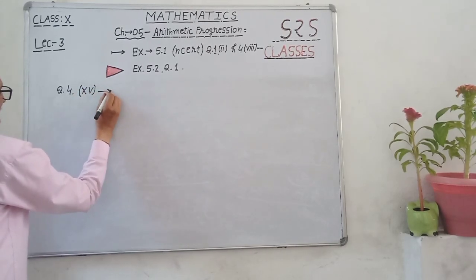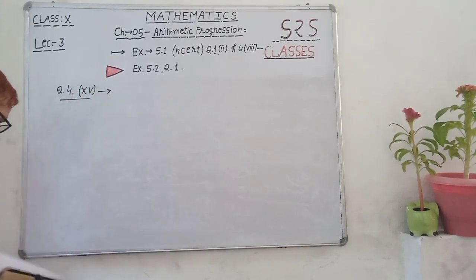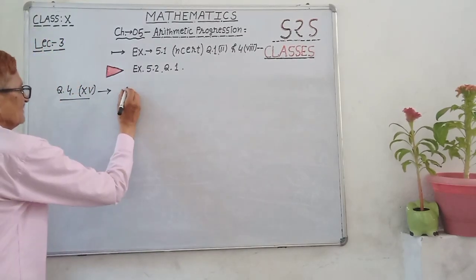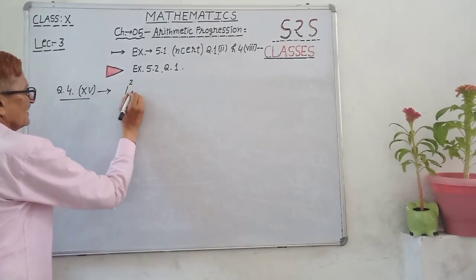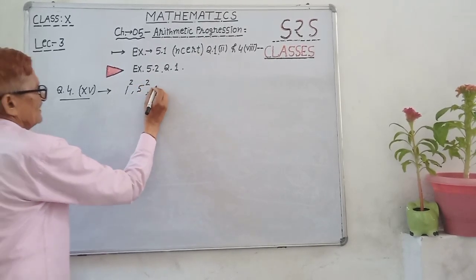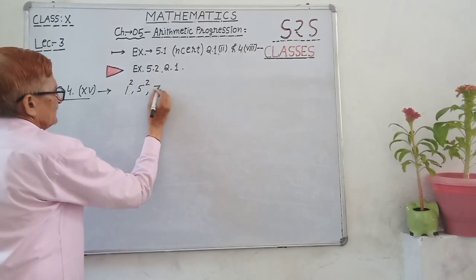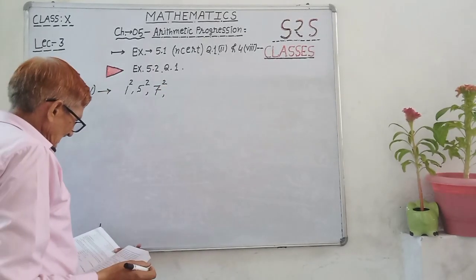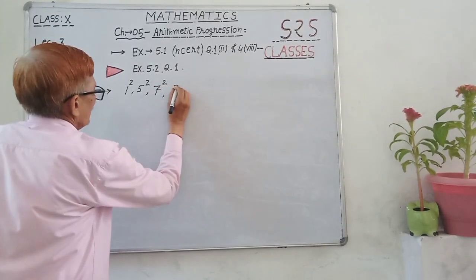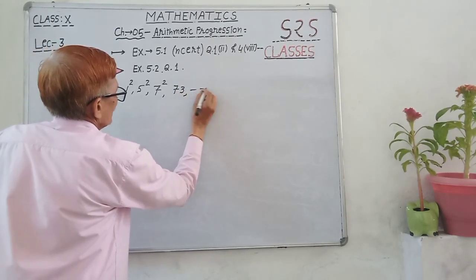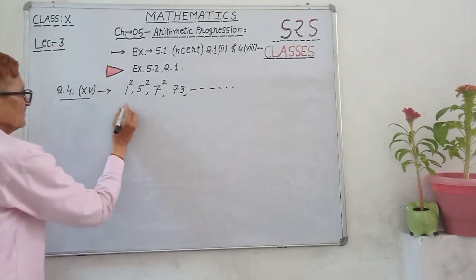What is 15th part of question 4? It is 1 square, 5 square, 7 square, 73, and so on. Square solve कर लो.